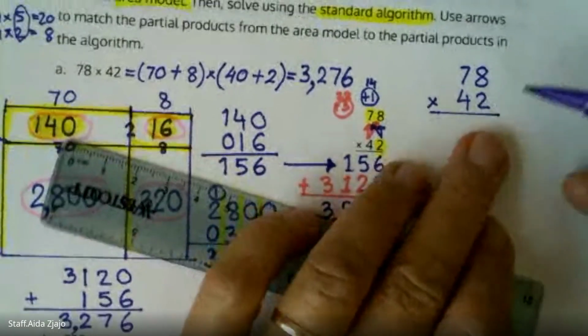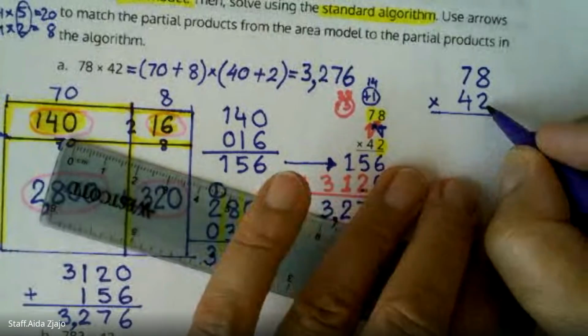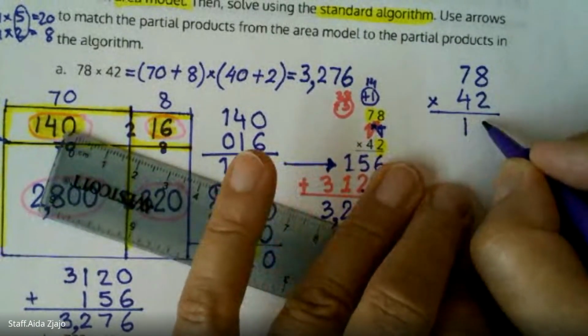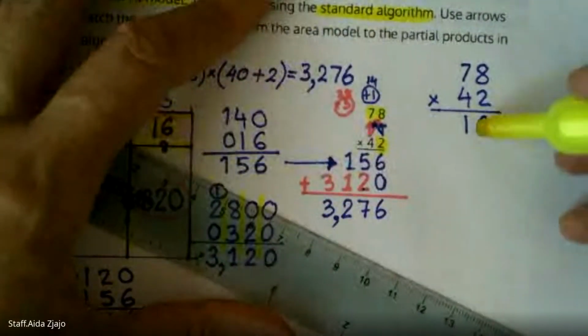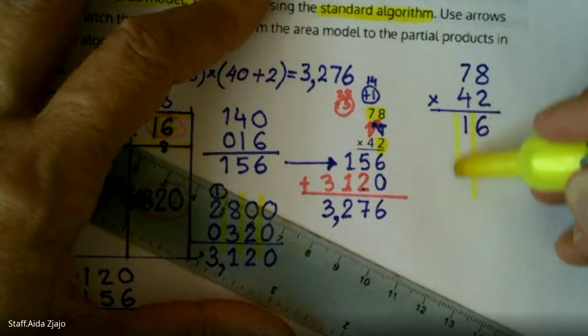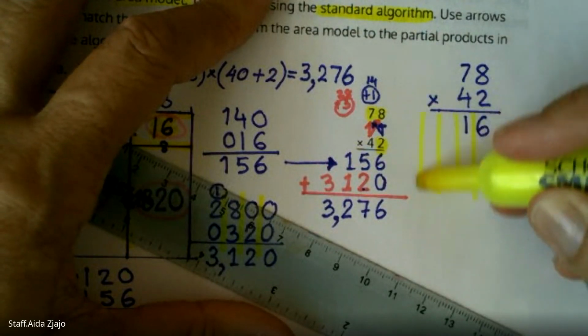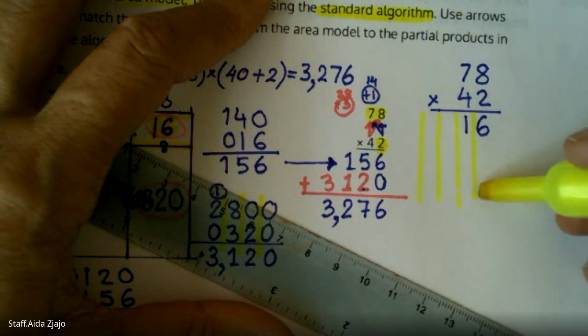People sometimes see this, 2 times 8 is 16. Okay, I'm going to draw a line through so I'm not going to make a mistake. So I'm going to make several lines.